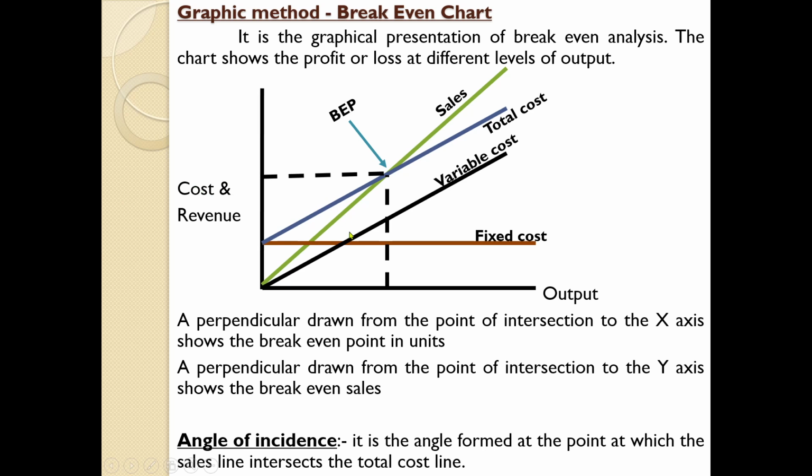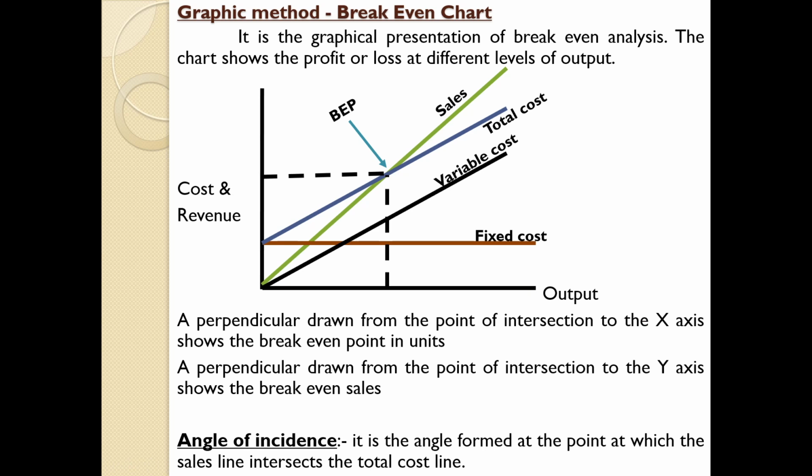So remember these properties of break-even analysis and the various items that come in a break-even chart, because you will be given details regarding the sales, selling price per unit, variable cost per unit, fixed cost, as well as number of units. On the basis of the details given, you need to prepare a break-even chart.